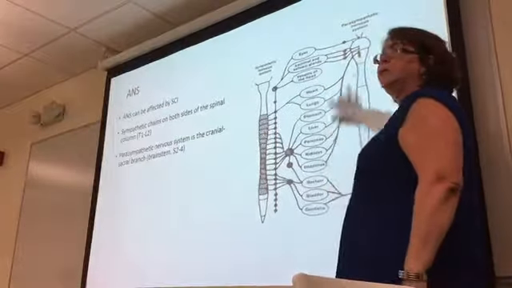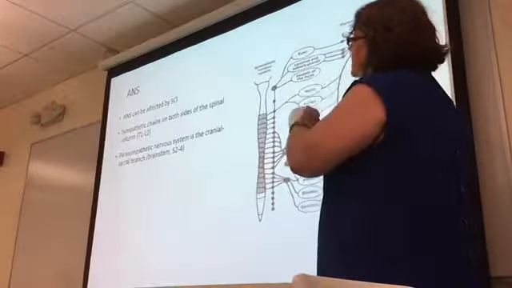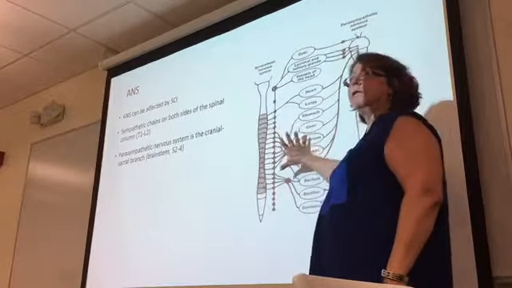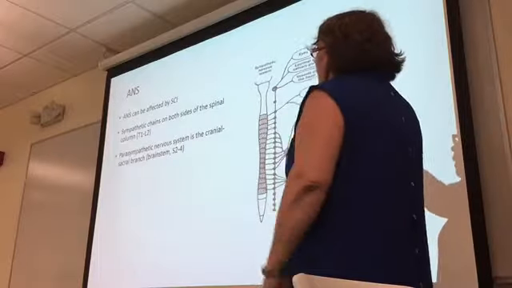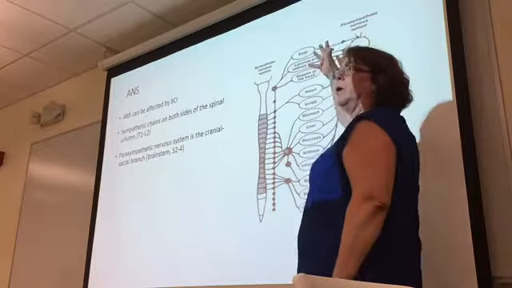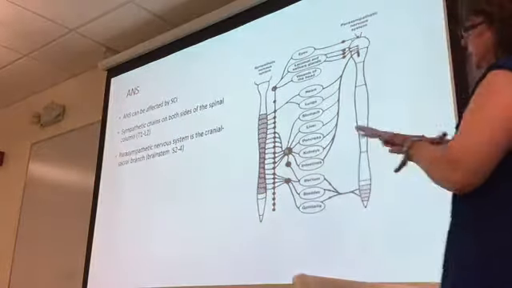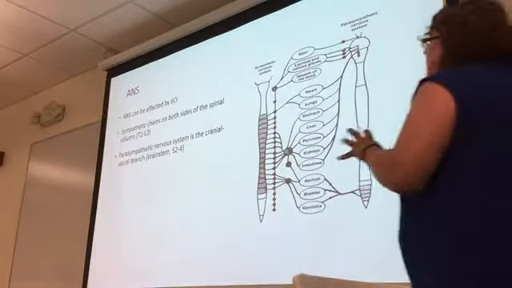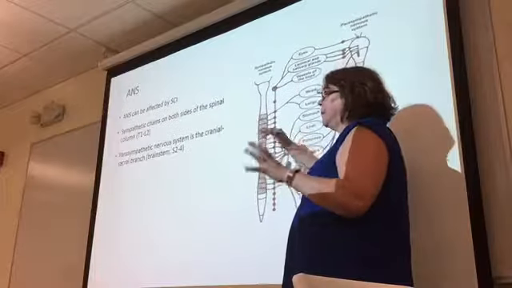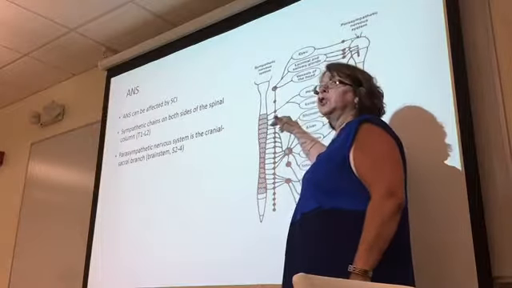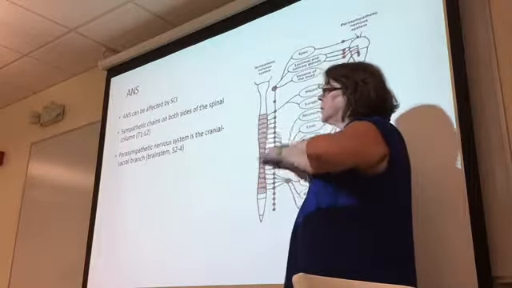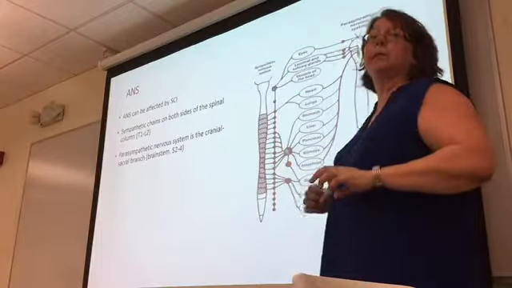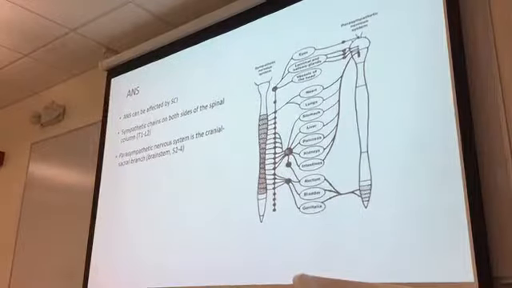Because as you can see from this diagram, the sympathetic chains are in some areas of the spinal cord and the parasympathetic is up in the brain stem and at the sacral level. So they're in different places. What happens, and we'll talk about it in a minute, is certain injuries are going to separate the communication between the parasympathetic and the sympathetic nervous system, causing some issues.